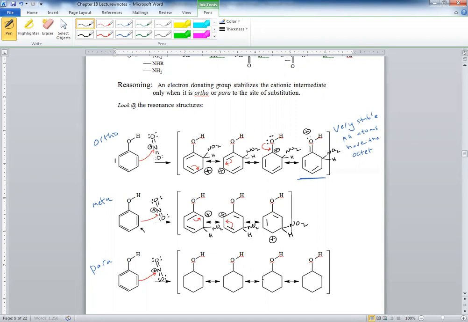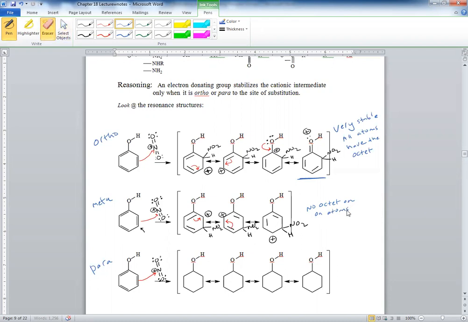And there's one thing you need to realize is that none of these resonance structures allows a structure to have an octet on one atom.